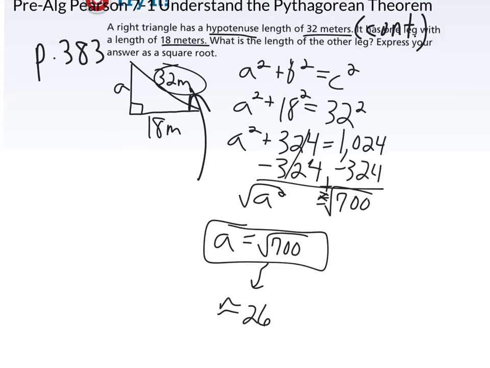If it's longer than the hypotenuse, then I made a mistake somewhere. Also, the two legs together should be longer than the hypotenuse, because it's a shorter distance to go in a straight line between two points than it is to go down and over there. So 26 plus 18 for sure is more than 32, so that should be good also.